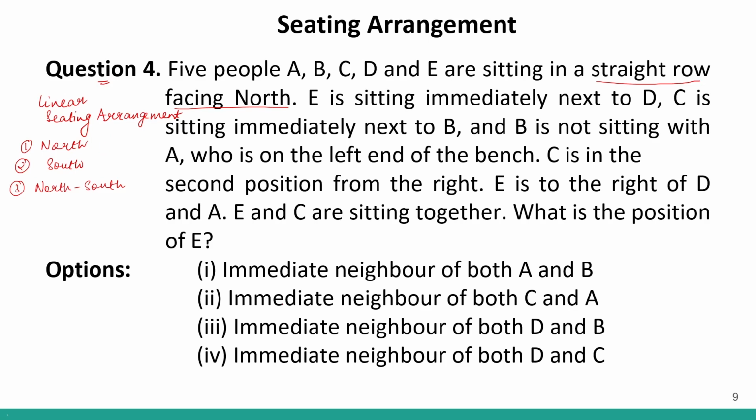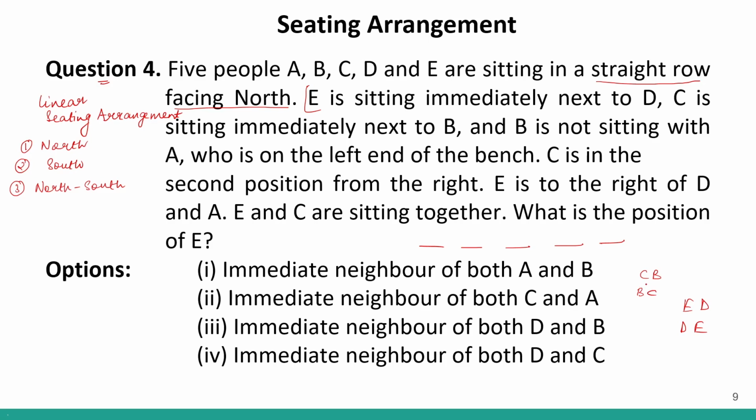So 5 people are there. That means we have 5 positions: 1, 2, 3, 4, 5. Now, it is given to us that E is sitting immediate next to D. So ED can be like this also and DE can be like this also. C is sitting immediate next to B. So CB can be like this also and BC can be like this also.